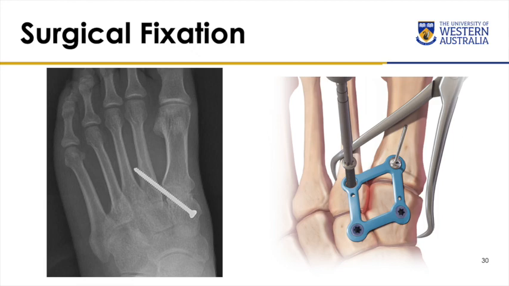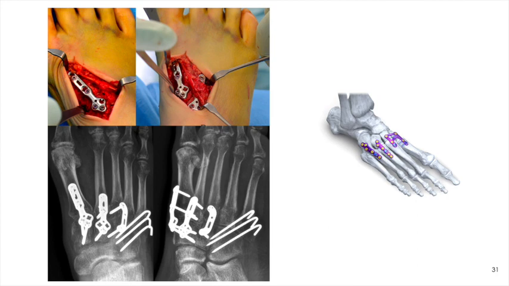Bridging plates that are specific for this injury can be used with screws going into the medial and intermediate cuneiform as well as the first and second metatarsal without violating the joint. Fixation may be more complex if the other metatarsals are involved and may use a mixture of foot plates, Lisfranc specific plates and K-wires as pictured in these examples here.